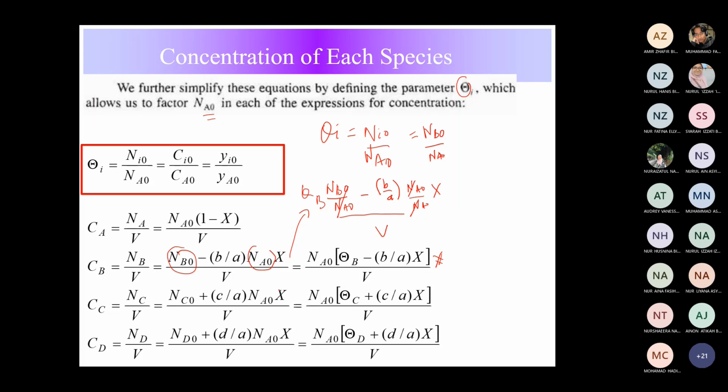Same as this one, theta C would be NC naught over NA naught, so all of these need to be divided by NA naught. You cancel this, and this becomes theta C, and so on. Make sure this one is positive, because it is on the right side, which is the product formation. Anyone clear with it?